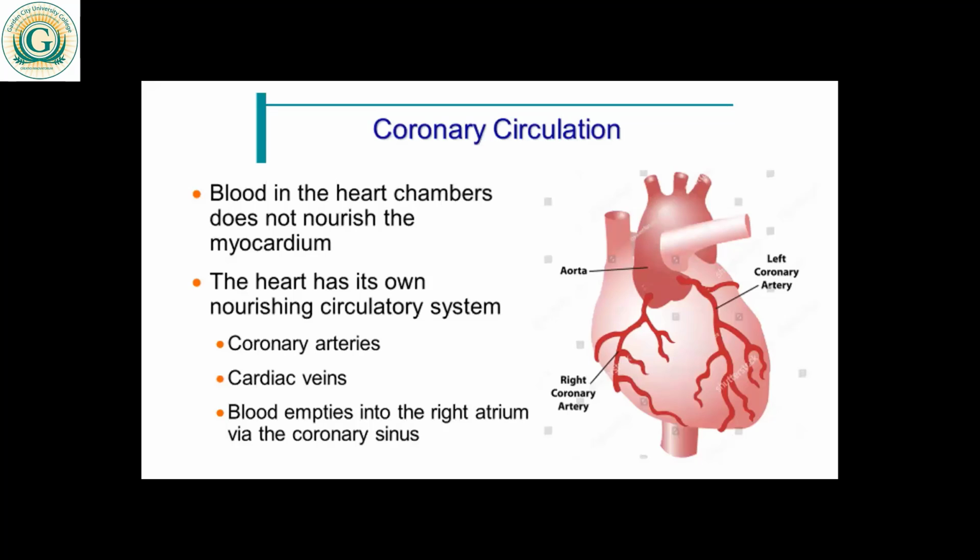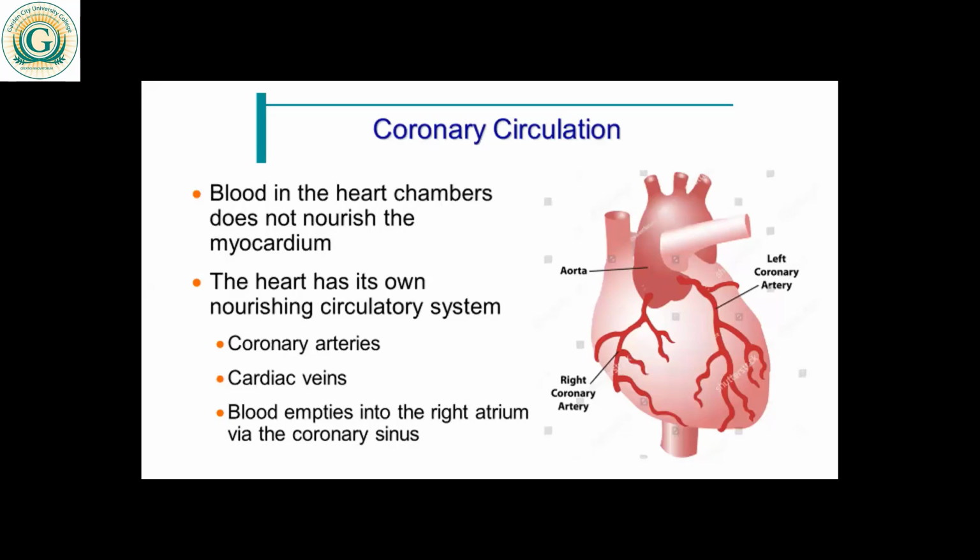Okay, so the heart itself also needs a channel through which there will be a supply of blood, oxygen, and nutrients for the muscles, for the cells to survive and function properly. So the heart has its own nourishing circulatory system called the coronary circulation.